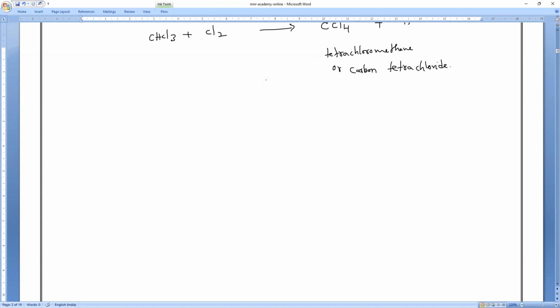Only remember, substitution reactions will be given by whom, guys? Only saturated hydrocarbons. Unsaturated hydrocarbons do not give substitution reactions with halogens. They give addition reactions, which we are going to study in the next concept.